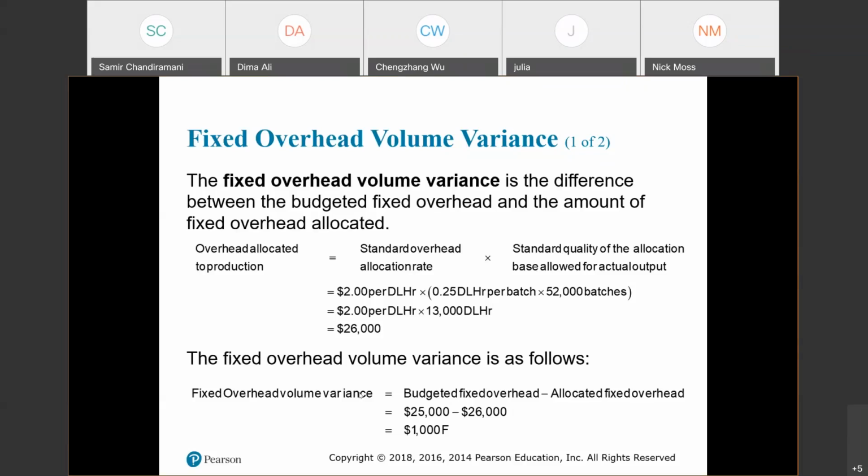It is calculated as the standard overhead allocation rate times the standard quantity of the allocation base allowed for actual outputs.